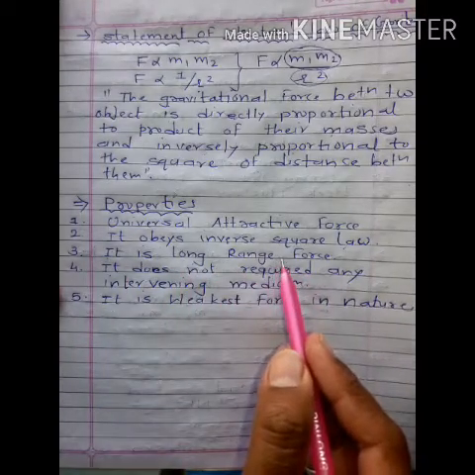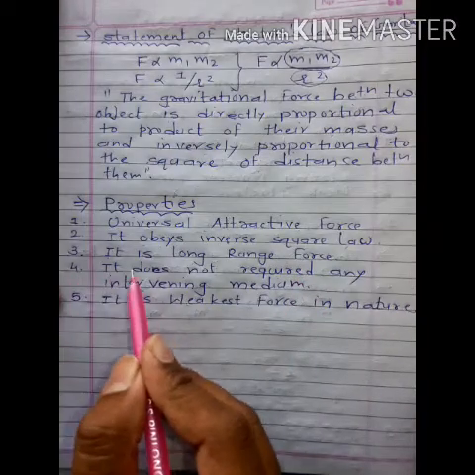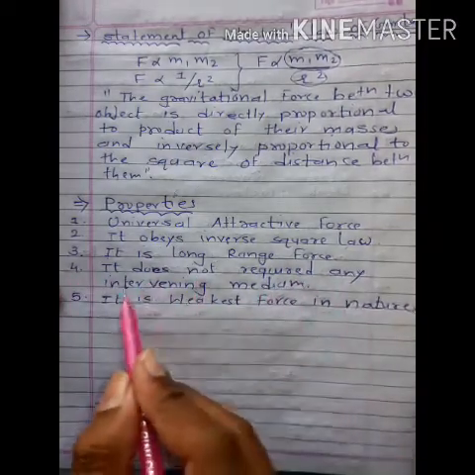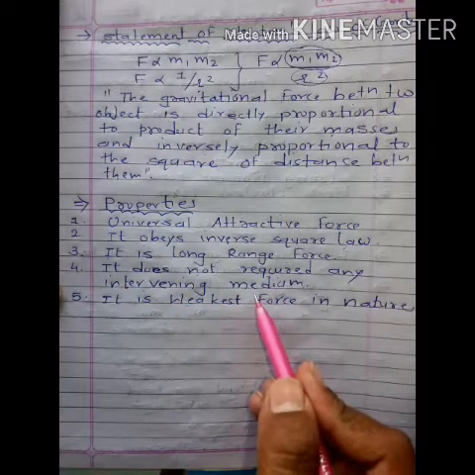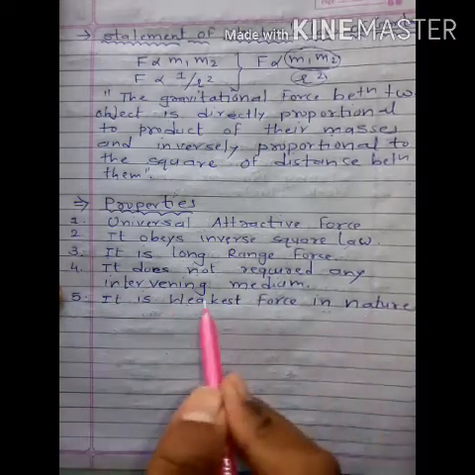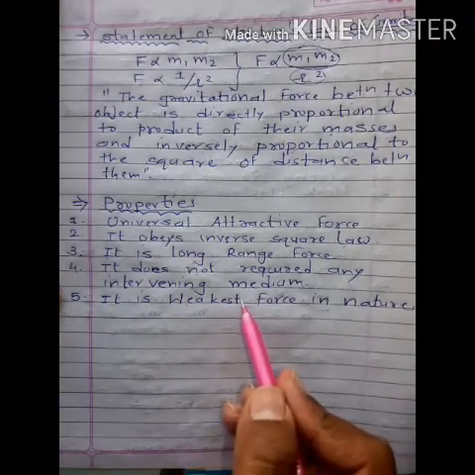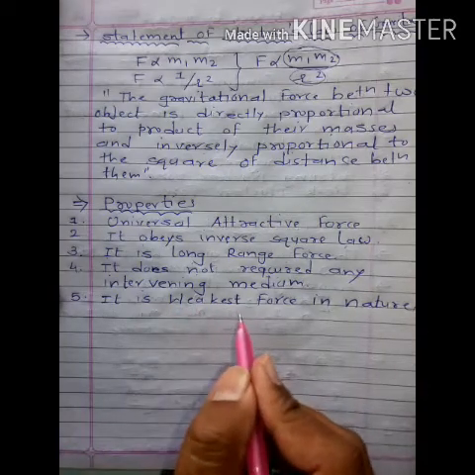This force acts for very large distances. Number four, it does not require any intervening medium. So it does not require any medium to act. Number five, it is the weakest force in nature. We have four fundamental forces, but this force is the weakest among all forces.